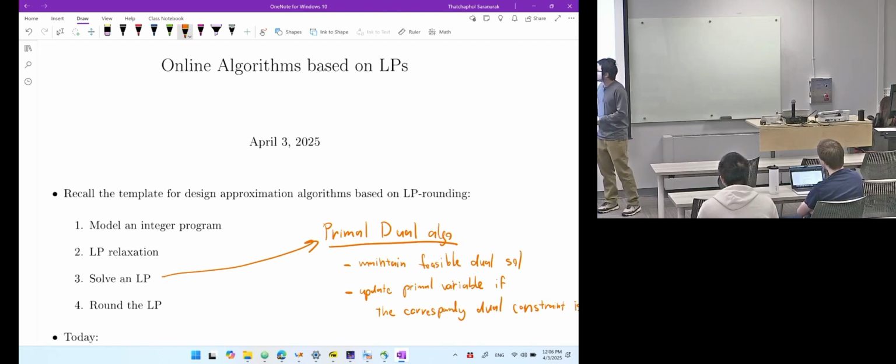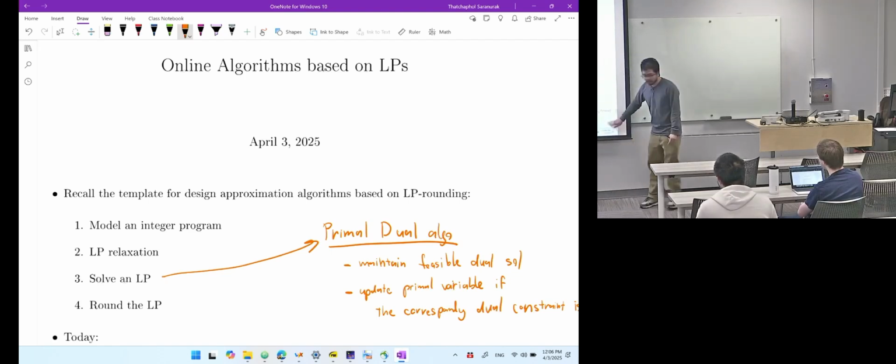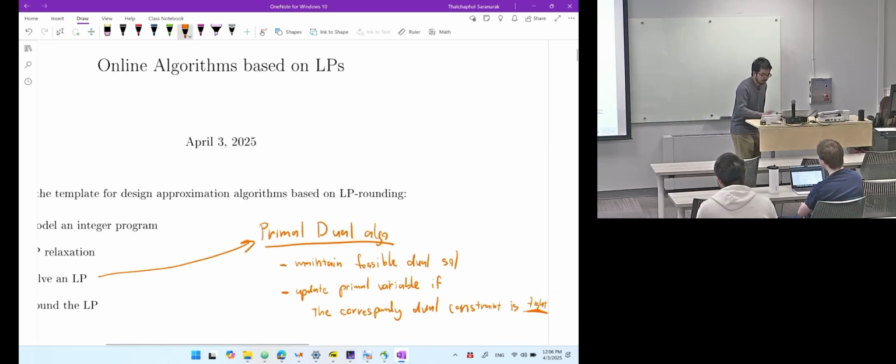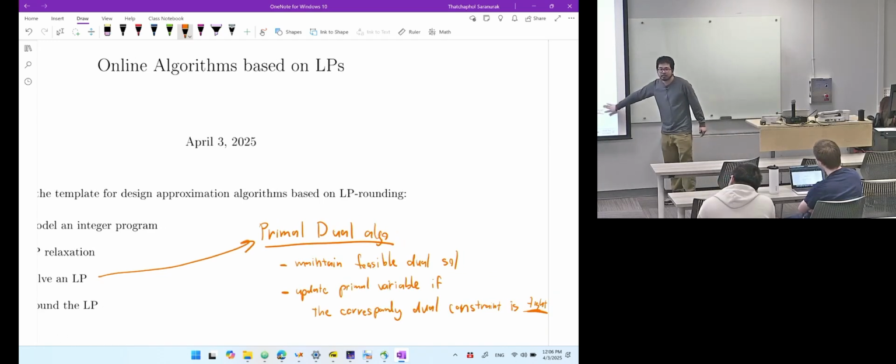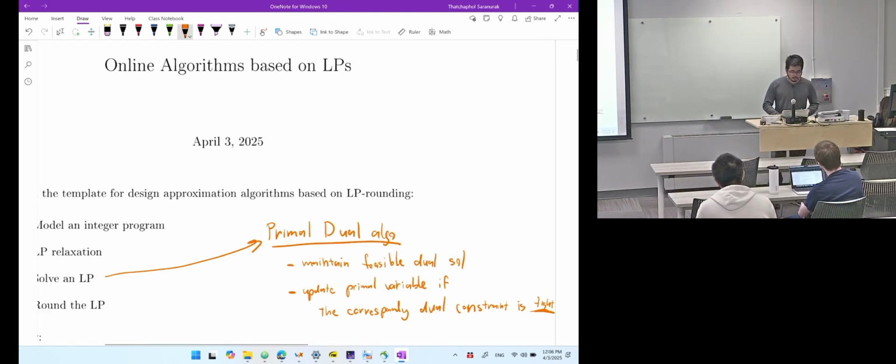Now the question, how to solve the LP ourselves? We will solve the LP using some primal dual algorithm. Not quite doing this exactly, but it maintains both primal and dual solutions. Okay, so that's the plan for today, and let's go.